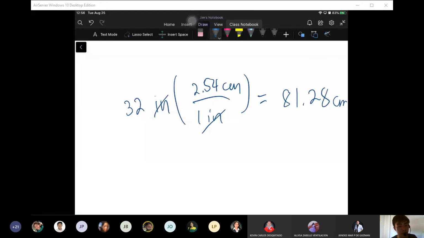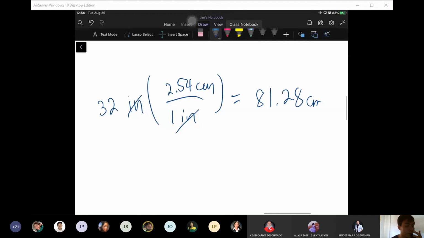Okay, so consider this. We have this conversion, diba? So this is the product, and this part is the conversion factor. Again, we do not mind how many significant figures there are for conversion factors. We'll just neglect that part.